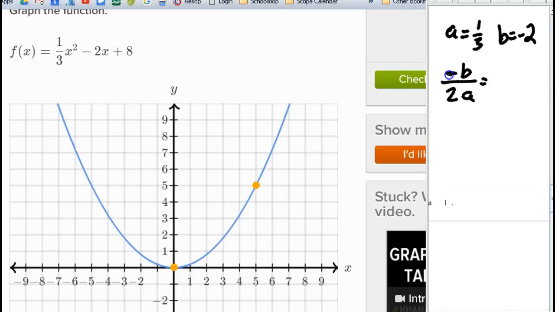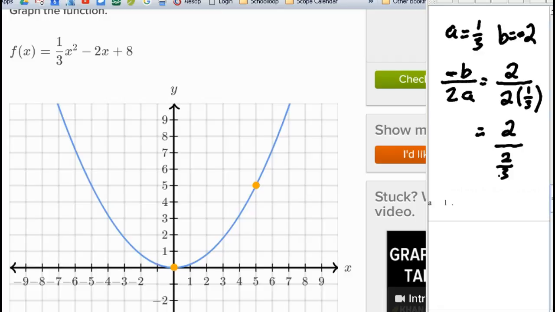So we've got negative b, and b is already negative, so two negatives make a positive. So it's positive 2 over 2 times 1/3, which is 2 divided by 2/3.